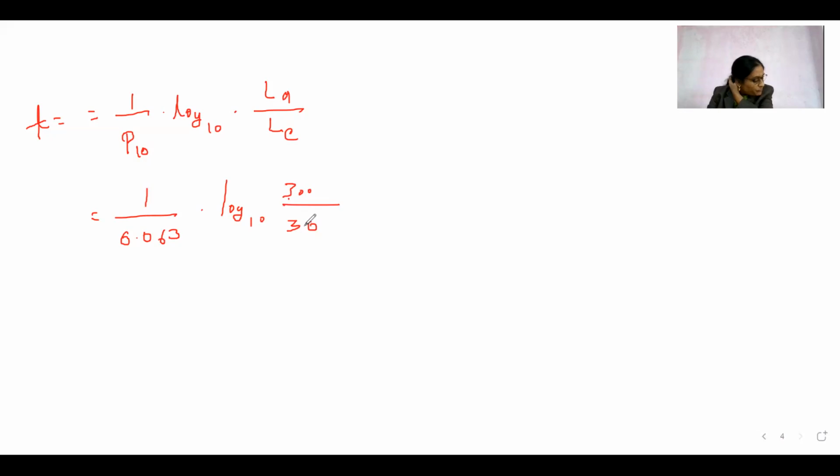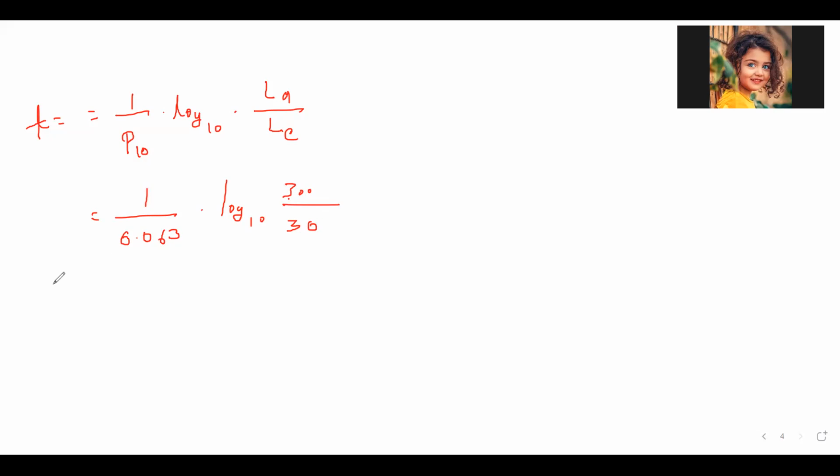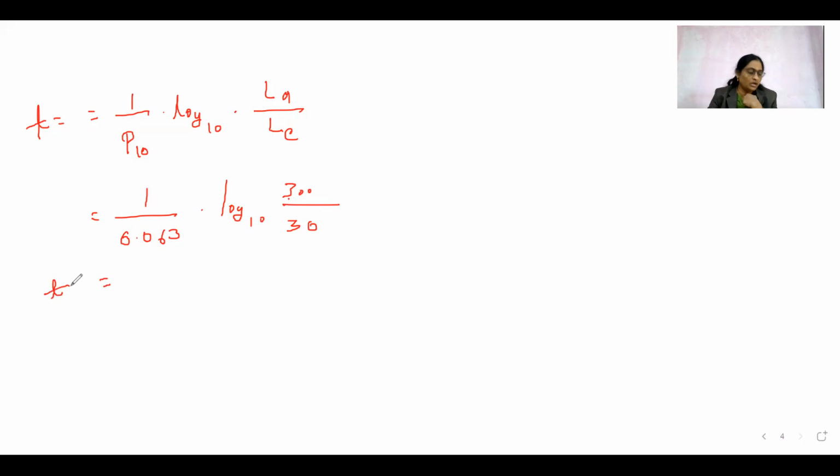Am I right? Correct me if I am wrong. So from that you can calculate small t. That answer will be in days, because t is time in days. Let me know the answer, please.